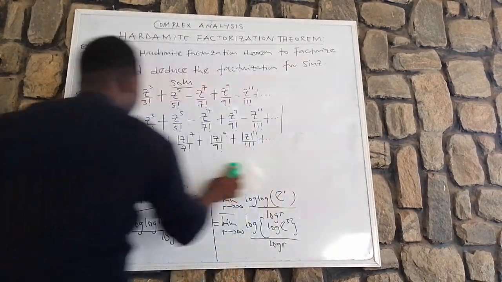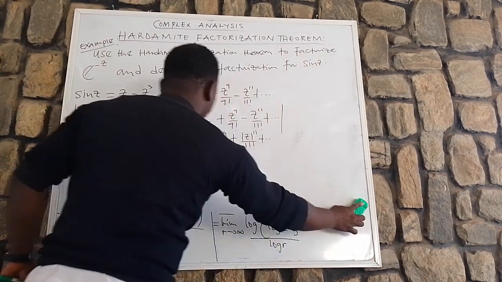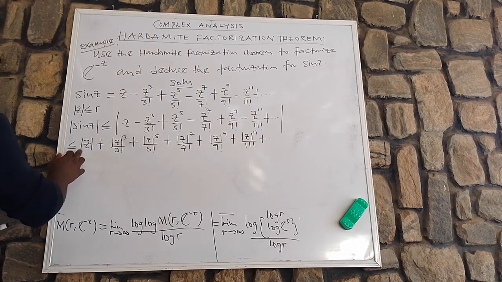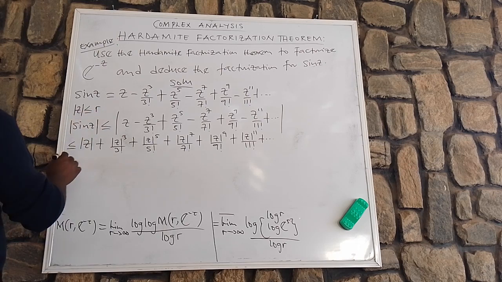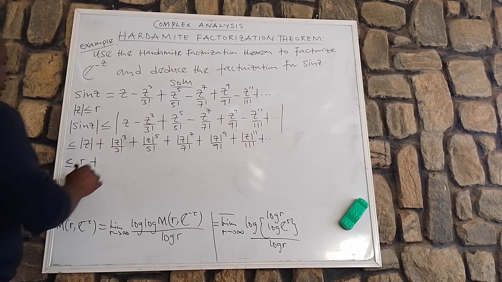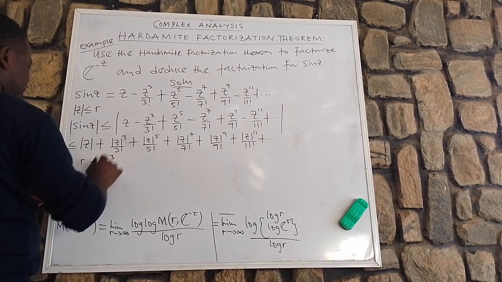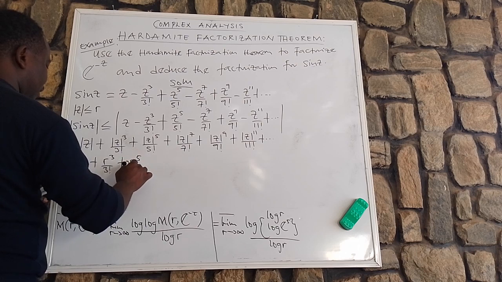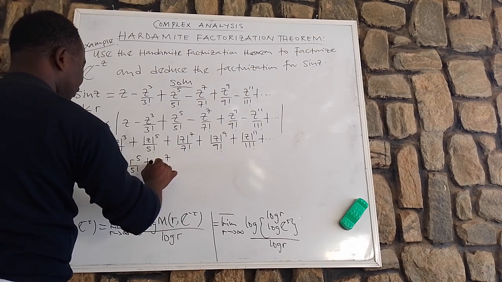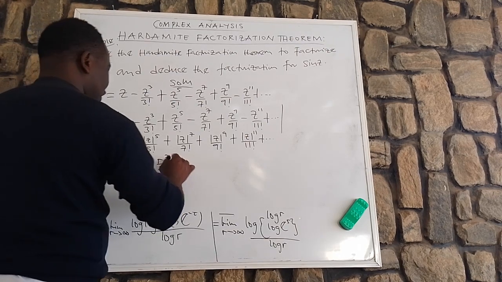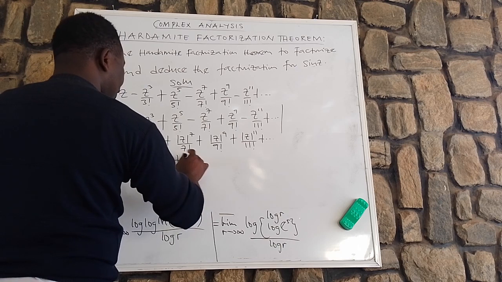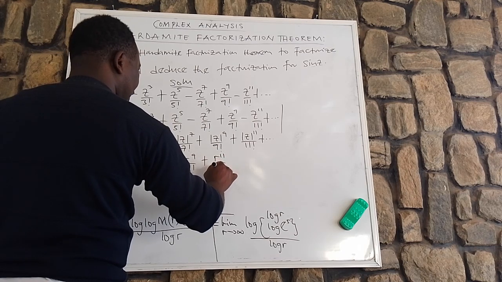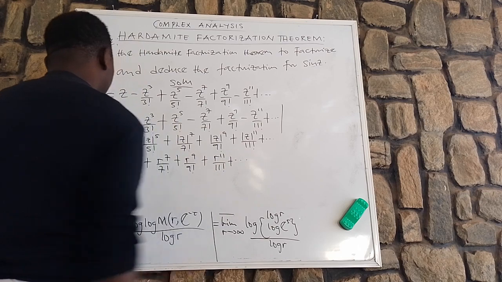Okay? So if you agree with me, it means since mod Z is less than R, anywhere you see mod Z, you substitute in R. So this is less than or equal to R plus R raised to the power 3 all over 3 factorial plus R raised to the power 5 all over 5 factorial plus R raised to the power 7 all over 7 factorial plus R raised to the power 9 all over 9 factorial and R raised to the power 11 all over 11 factorial plus and so on.